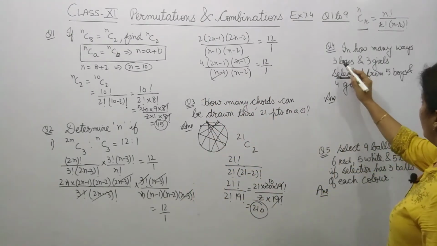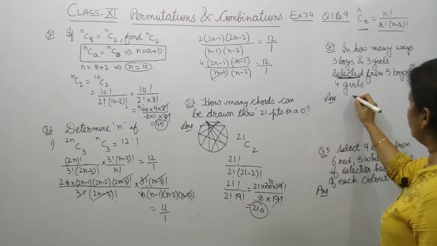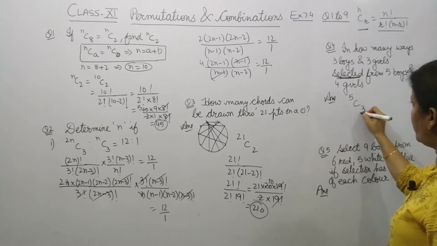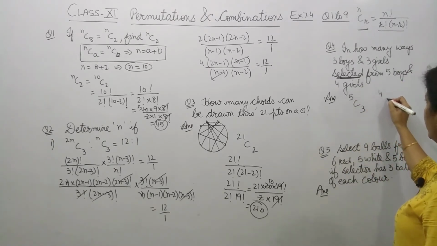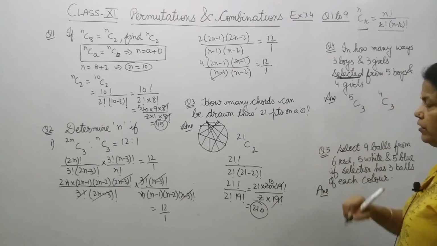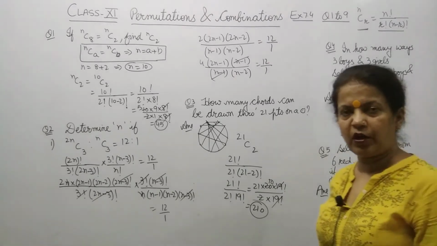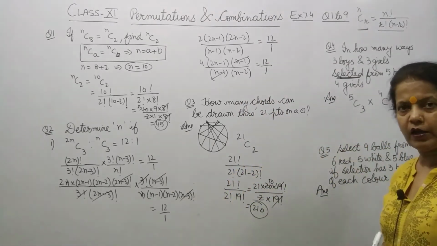So 3 boys and 3 girls from 5 boys and 4 girls. From 5 boys, we are selecting 3 boys, and from 4 girls, we are selecting 3 girls. And by the fundamental principle of counting, multiply to get the answer.